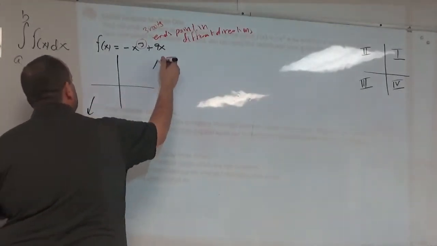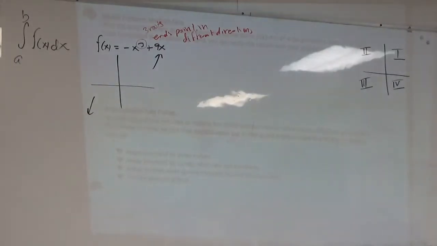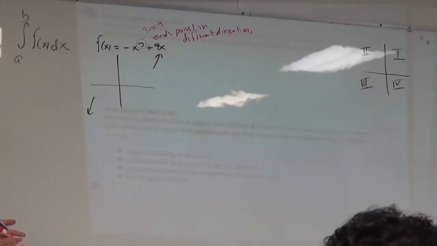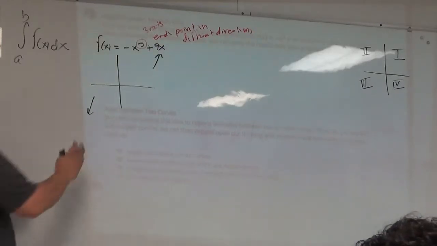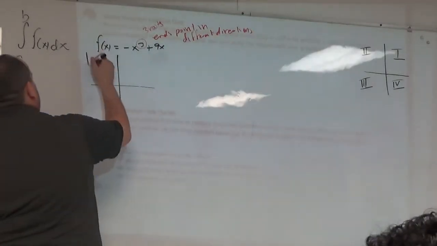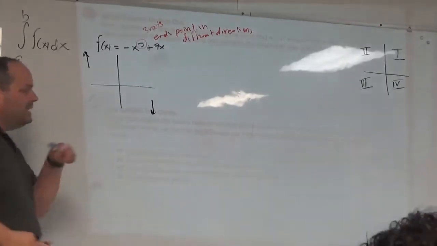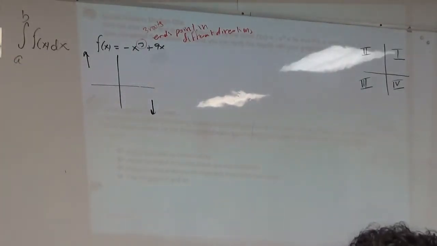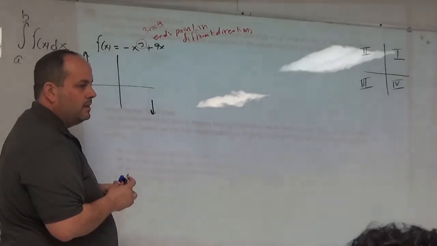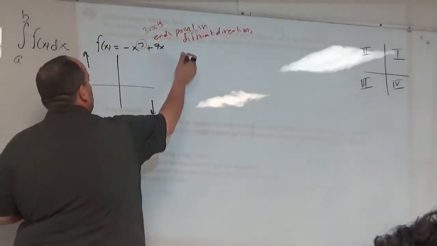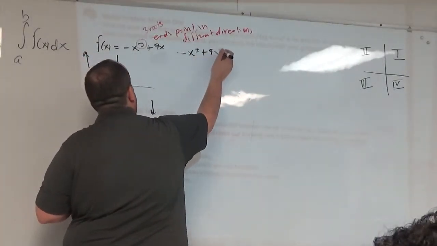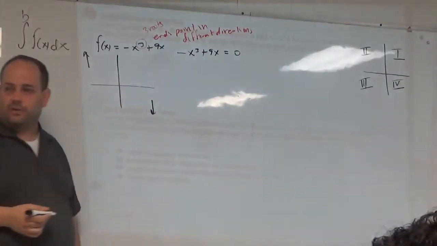We know this and we know this. What we don't have, as Jeanette said, are the crossings, the roots. How are we going to get the roots, Michelle? We're going to say negative x cubed plus 9x, and set that equal to 0.